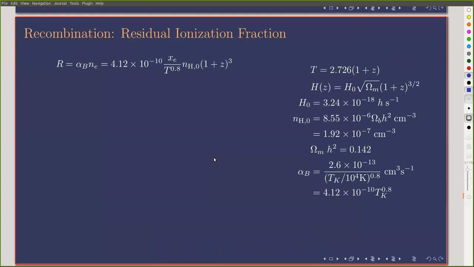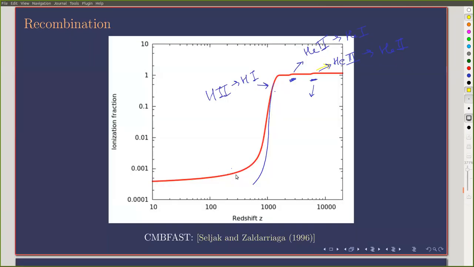So let me do that. This is the residual ionization fraction. What process takes place here? Why do we have this residual ionization?